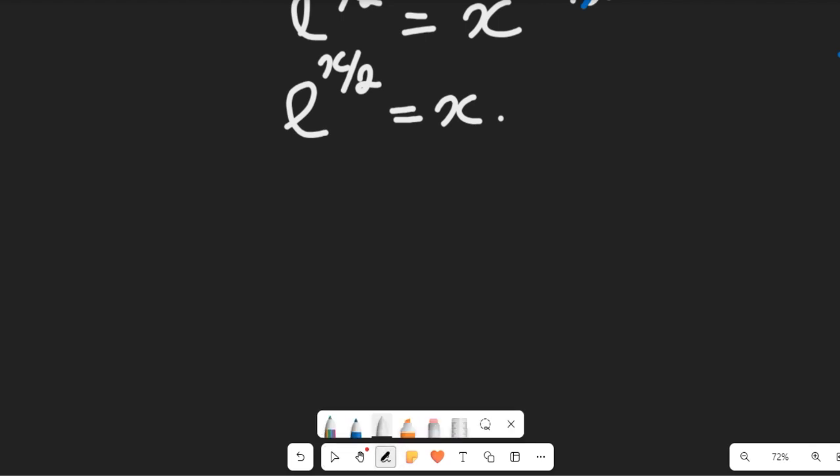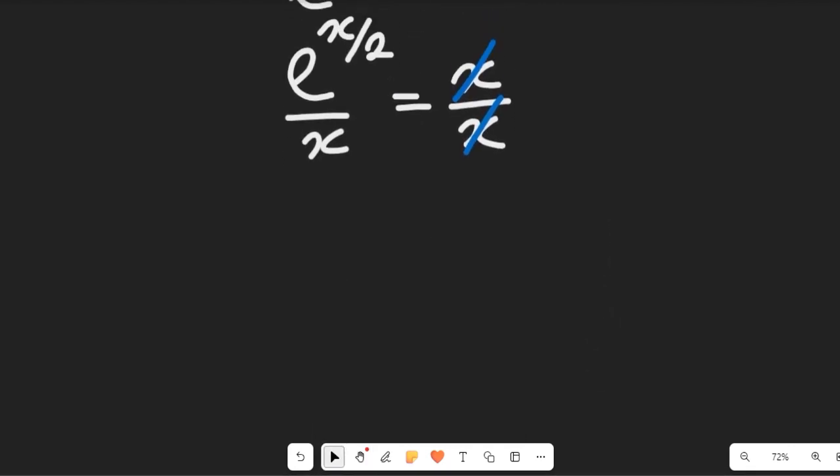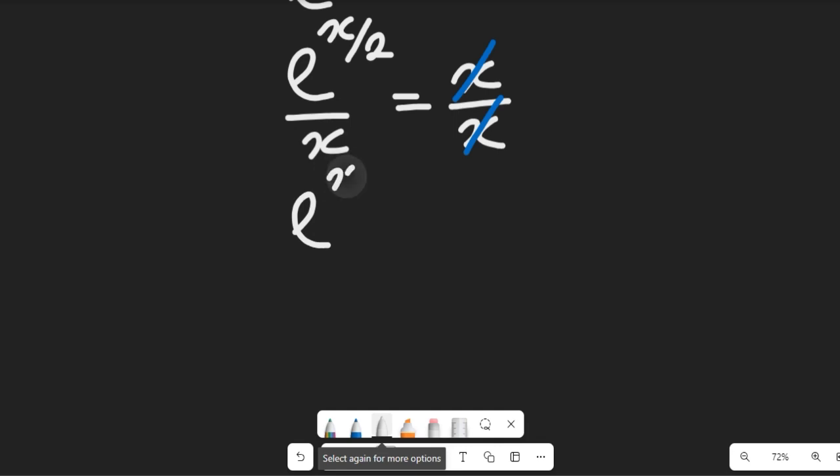If I divide both sides by x, I'll have x to the power of x divided by 2, divided by x, equal to x divided by x. From this expression, x will cancel out x, and we'll have that equal to 1. So x to the power of x divided by 2, divided by x, will be equal to 1.